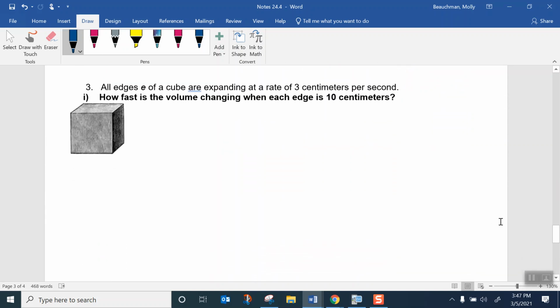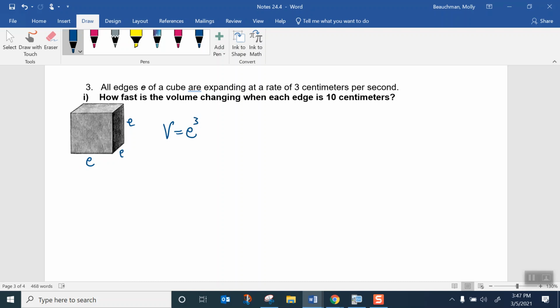we've got all edges E of a cube are expanding, this time we're expanding, at a rate of 3 centimeters per second. How fast is the volume changing when each edge is 10 centimeters? So we've got to start with the formula for volume of a cube. The volume of a cube is edge times edge times edge, which is E to the third.